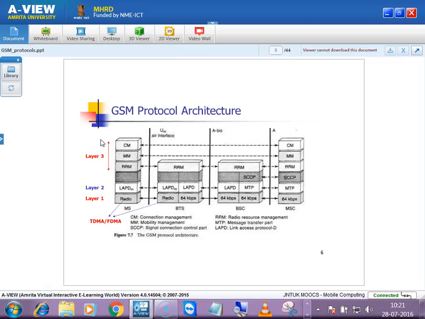In the base station transceiver we have a connection established to the base station controller.